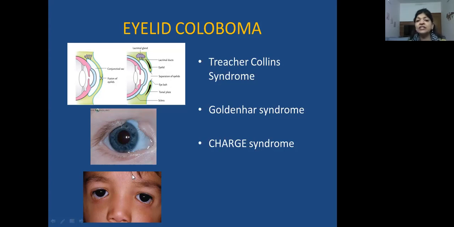You can have it in the upper lid or the lower lid. Typically, like you see in this child, if you have bilateral lower lid colobomas with an anti-mongoloid slant, where the eyes are slanting downwards on the lateral aspect, this is typically seen in Treacher Collins syndrome. Some other syndromes like Goldenhar and CHARGE syndrome can also be associated with lid colobomas.